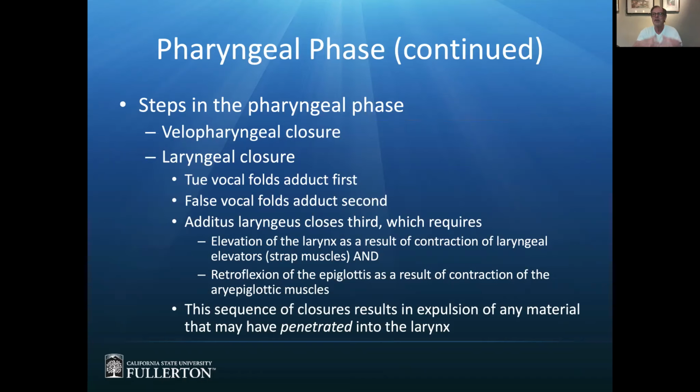As soon as you start to transfer it from the oral cavity into the pharynx, if that velopharyngeal valve is not closed, the pressure generating the movement backwards that you're doing with your tongue will push it up into the opening, up into the nasal pharynx. So that's going to occur first.